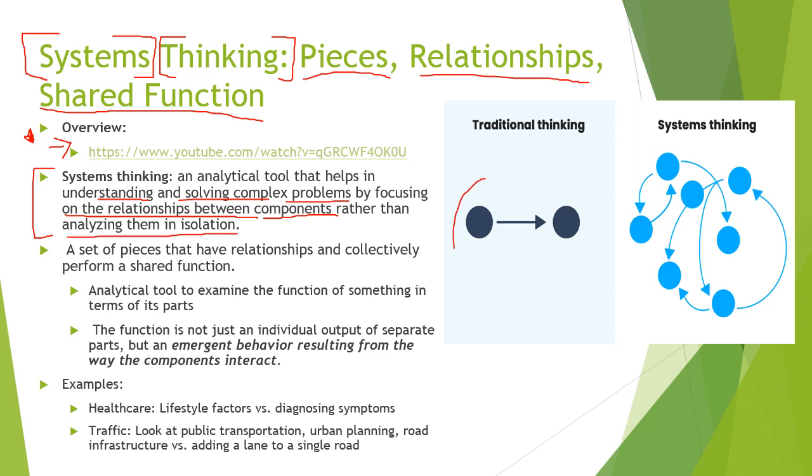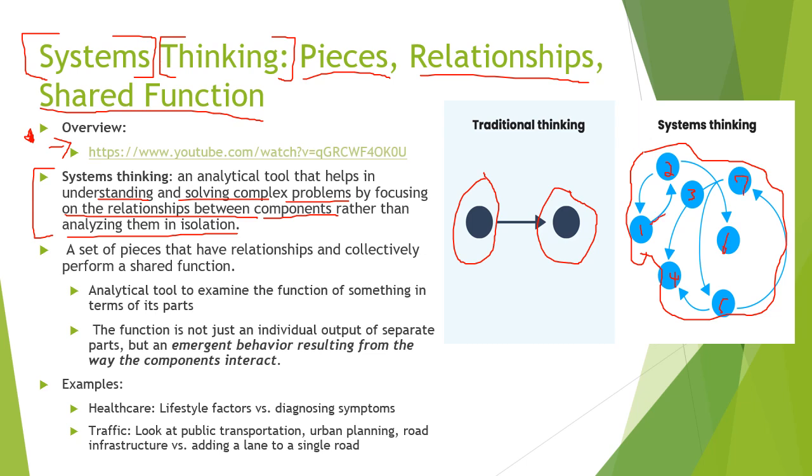Traditional thinking is more just looking at one thing that leads to another. And systems thinking is realizing that there's a lot of contributing factors to why things happen. And you look at component one, two, three, four, five, six, and seven versus just single components.